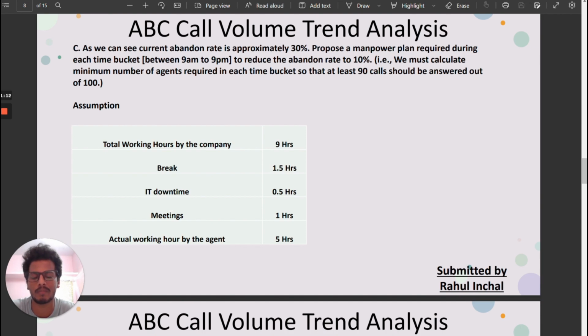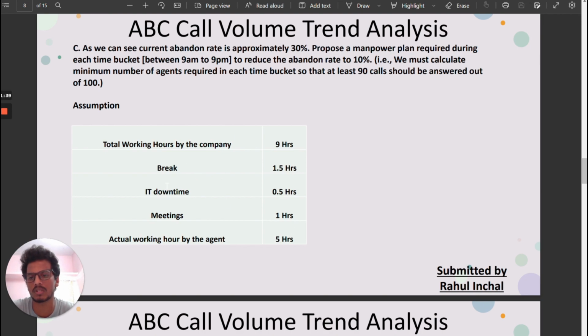Your senior or manager is going to tell you. That meeting we take as 1 hour. So the actual working hour by the agent is 5 hours. You subtract everything from the 9. You can consider these things, okay guys. On average you can consider 5 hours, fine. I have taken 5 hours.